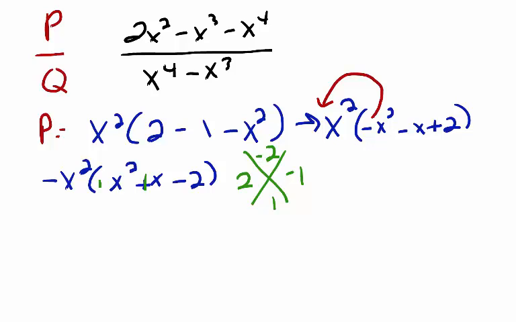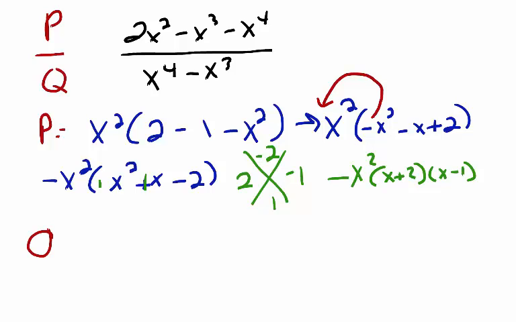Since our lead coefficient is 1, I know that this trinomial in factored form is going to be x plus 2 times x minus 1. I still have my negative x squared that I need to write up front. So now the numerator, p, is completely factored.